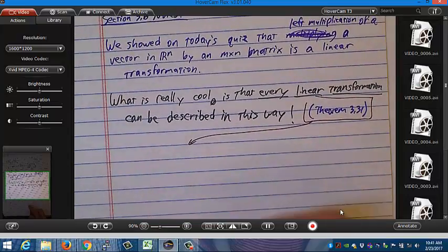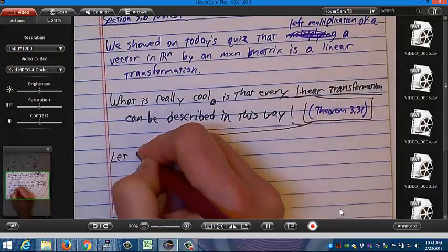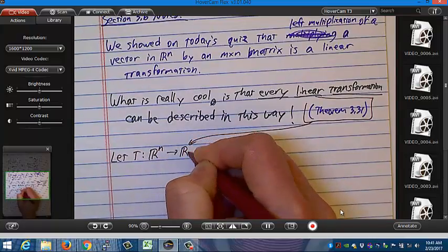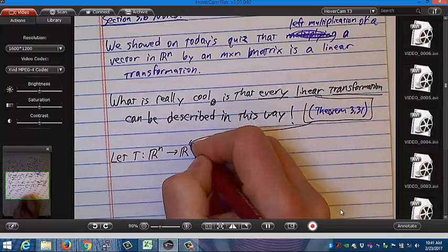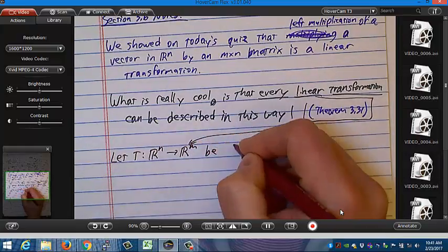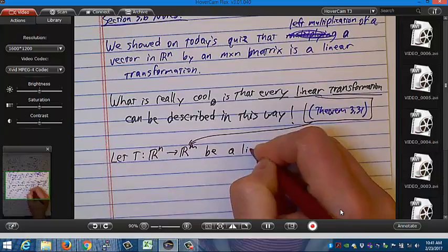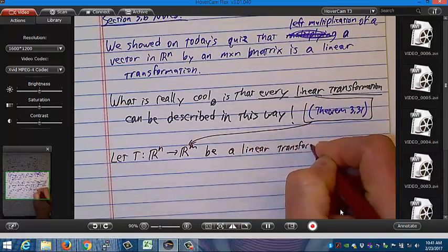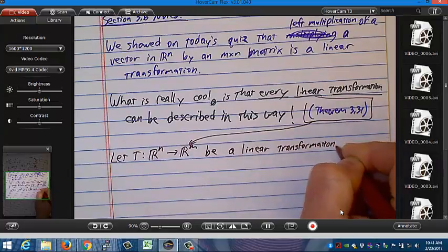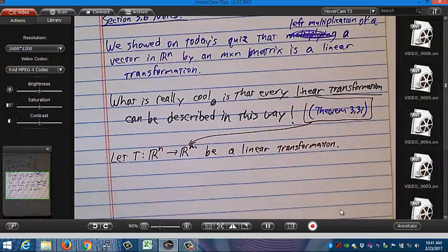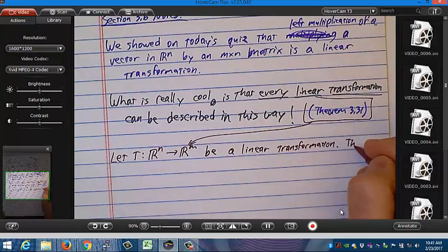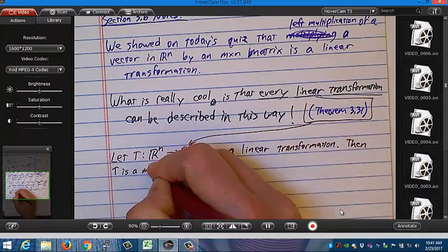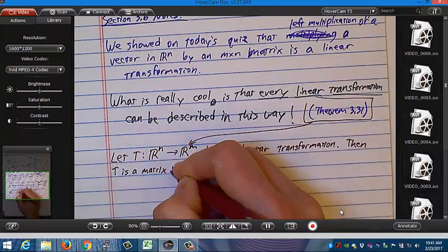Let T, which is a map from Rn to Rm, be a linear transformation. Then T is a matrix transformation.